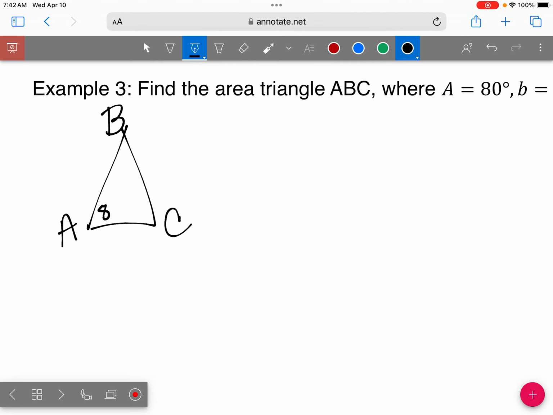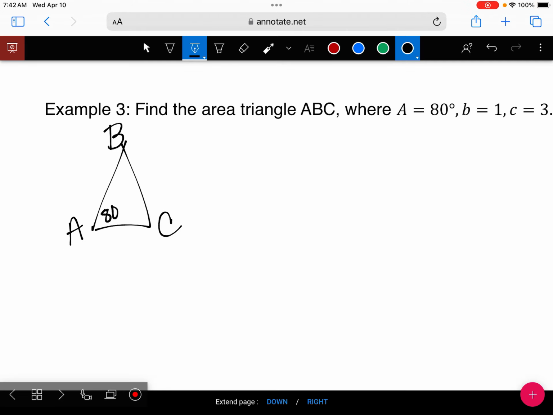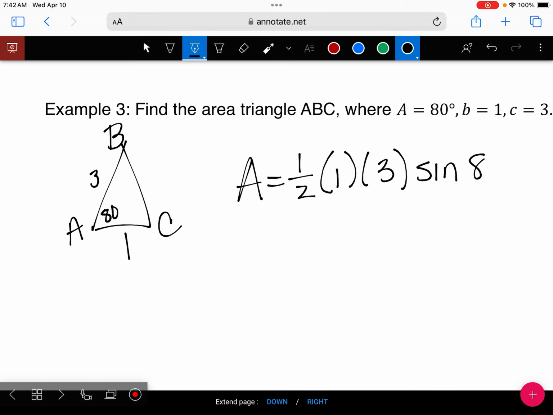Because I know that angle A is 80, and little b is 1 and little c is 3. So again, I have my angle, the angle in the middle, and the two sides. So this would just be area equals 1/2 times 1 times 3 times sine of 80.